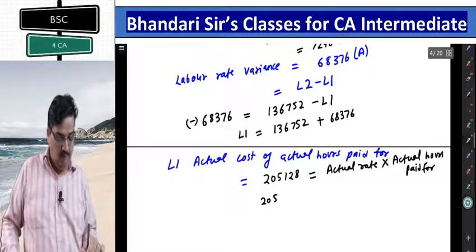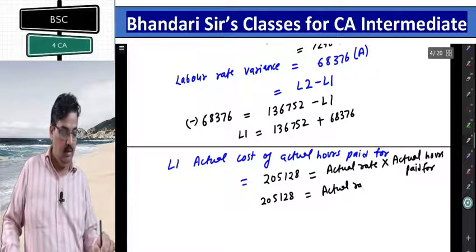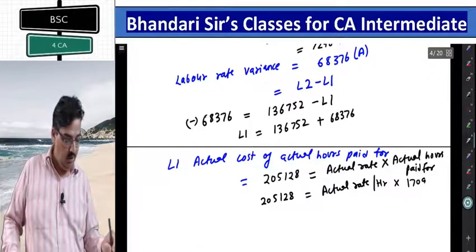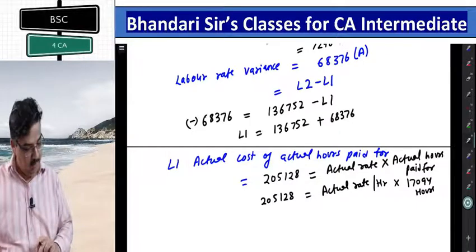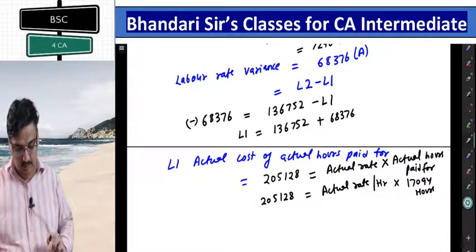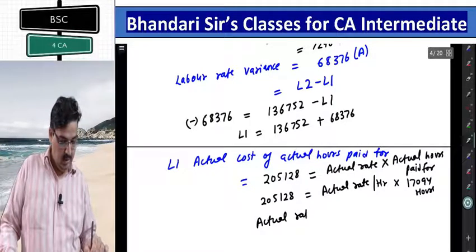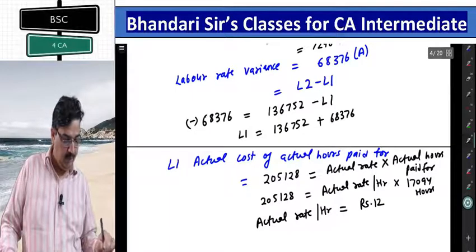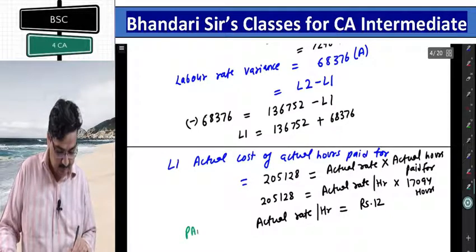So 205128 is equal to actual rate per hour multiplied by 17094 hours. Dividing 205128 by 17094, this is exactly rupees 12 per hour. Actual rate per hour is equal to rupees 12. This is part 1 answer.